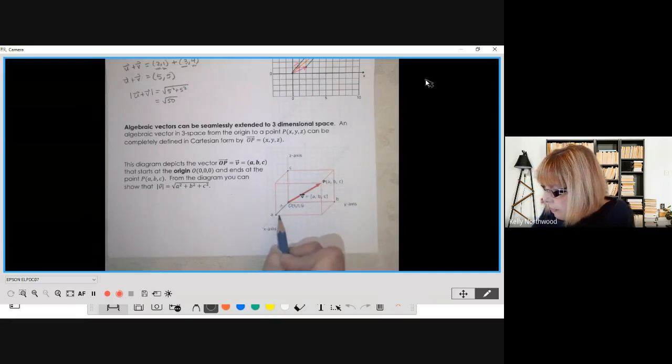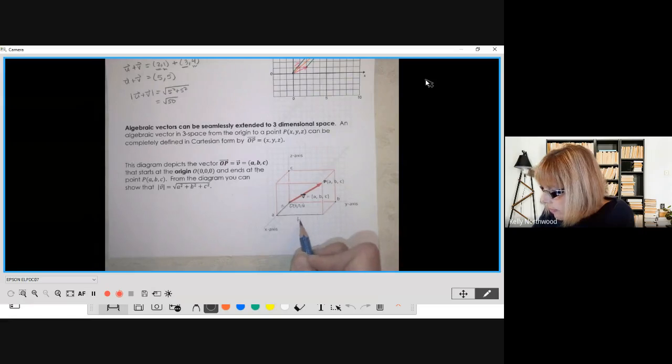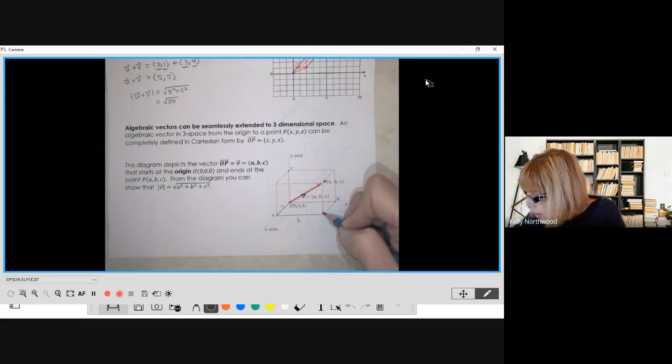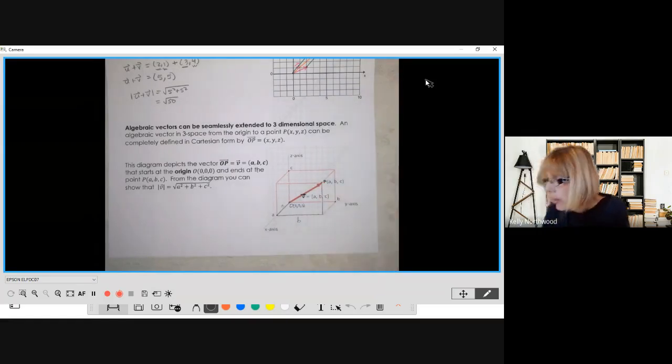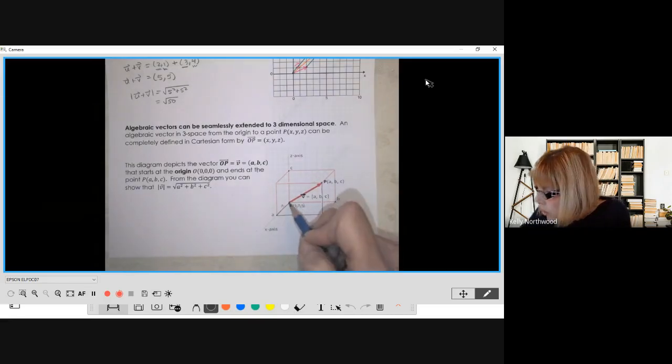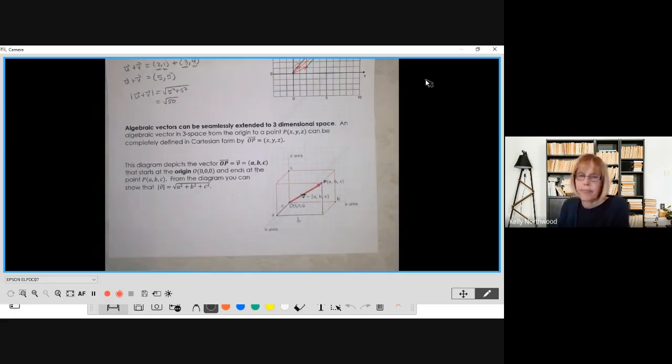Then I've gone b in the positive y direction. And then I've gone c in the positive z direction. And that gets me up to this point in the top corner of the box that you see there. And the vector is being joined from O(0, 0, 0) to the point P(a, b, c). Okay? And it should look like it's in a box, and therefore it should look more 3-dimensional.